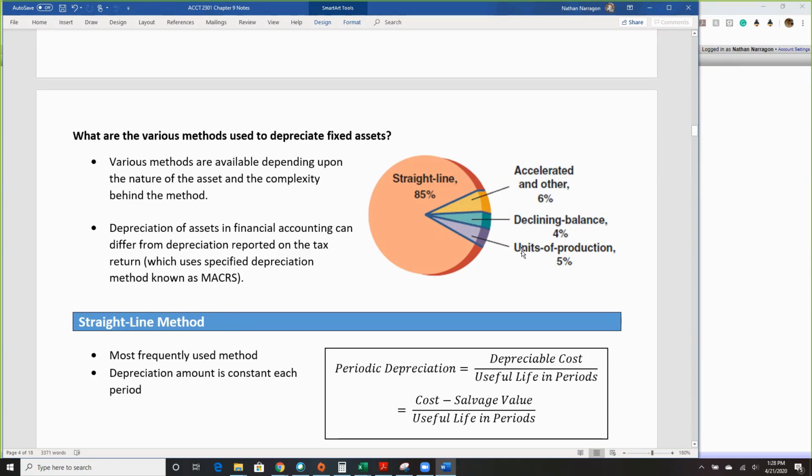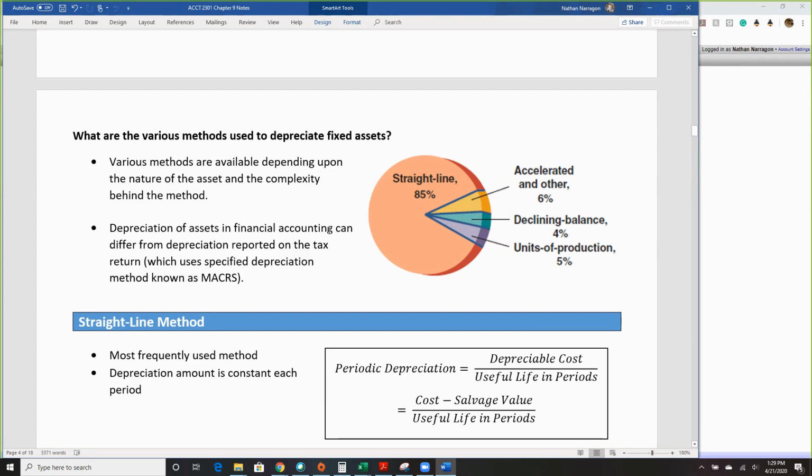We're also going to talk about units of production or units of activity, and also declining balance. These 3 are the main ones that we'll focus on because, again, besides straight line, these 2 are also very popular, even though it's showing a little small high. Double declining is growing. And I think this was done again around 2016, 2017. Of course, there's other methods that can be out there, but these 3 are the most common.